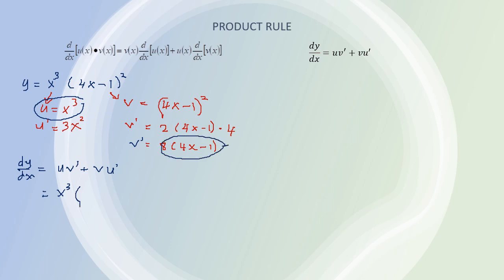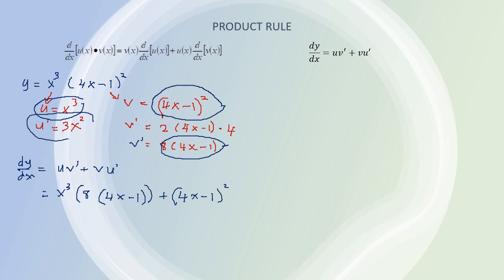So multiply by 8 times 4x minus 1 plus v is 4x minus 1 squared multiply by u prime. u prime is 3x squared. So multiply by 3x squared.